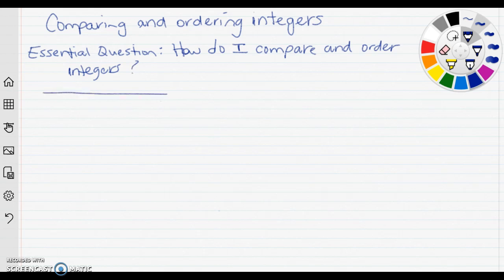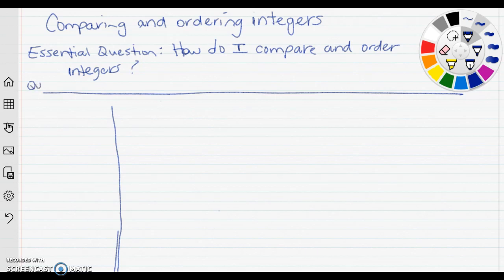There's my essential question. I'm going to draw a line across and give myself a little bit of space on the left-hand side. This is where we're going to write questions that go along with what we put on the right-hand side.